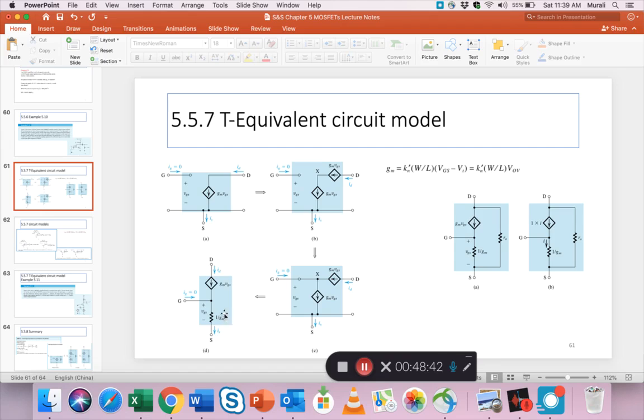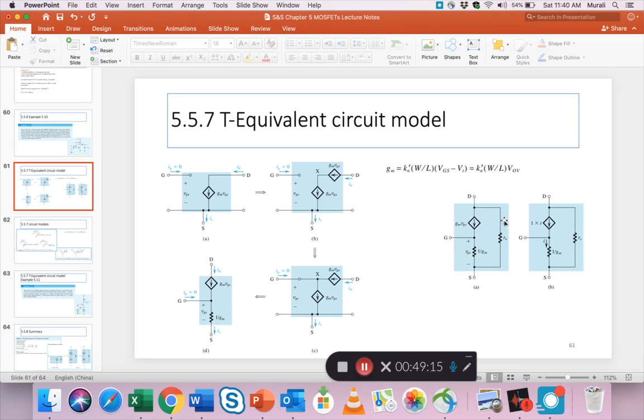So how is he changing that gm VGS, which is a current? Here he has separated it into VGS and 1 by gm. VGS is a voltage, 1 by gm is a resistance. So if you divide voltage by resistance, you get current again. There's some benefit to having this. I think he may show us in a problem later on, but this is a model.